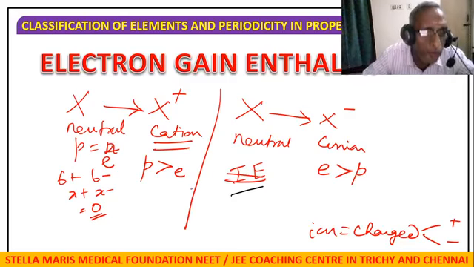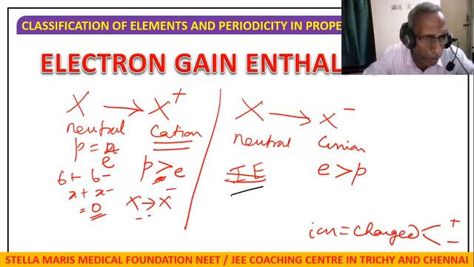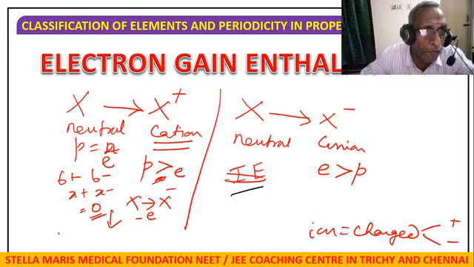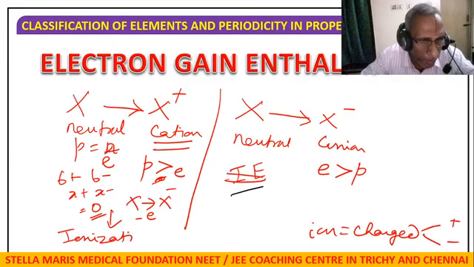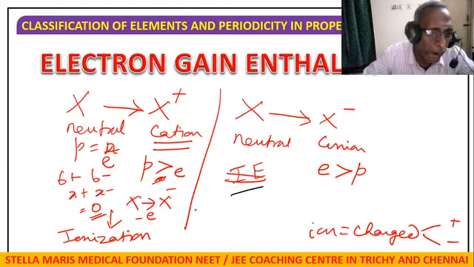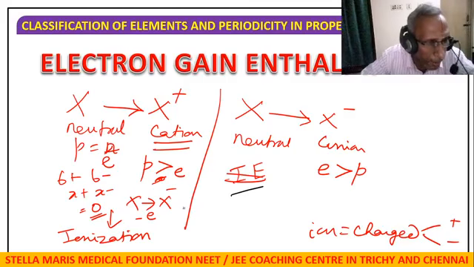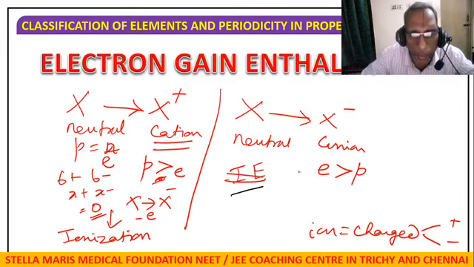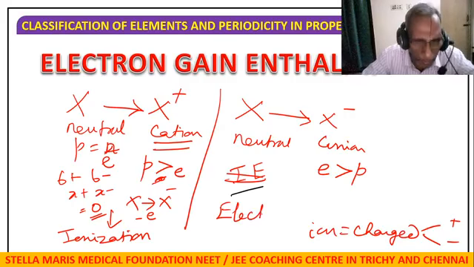How can the protons be made to exceed? You have to remove one electron. This process, cation formation, is called ionization, whereas anion formation is called the electron gain process.